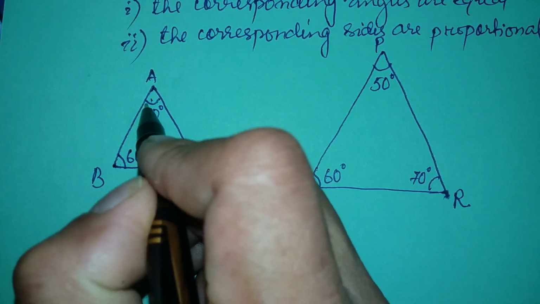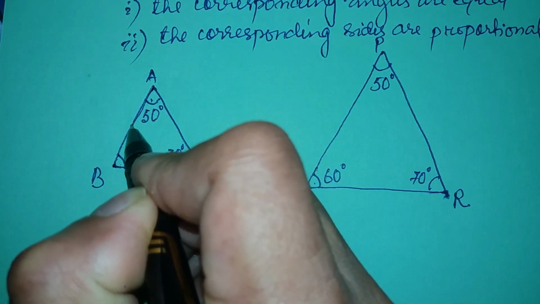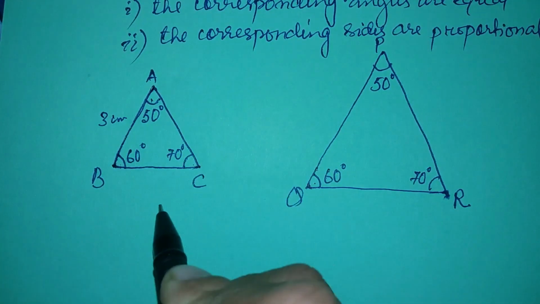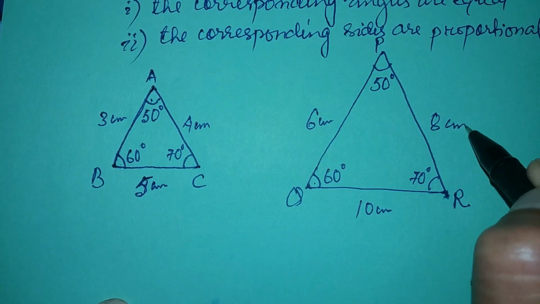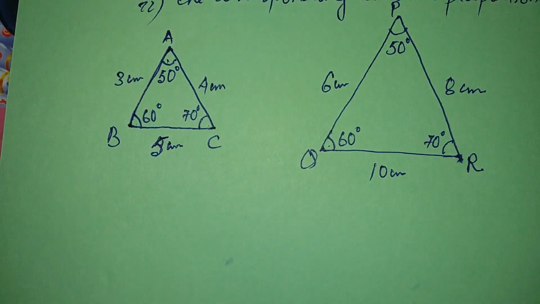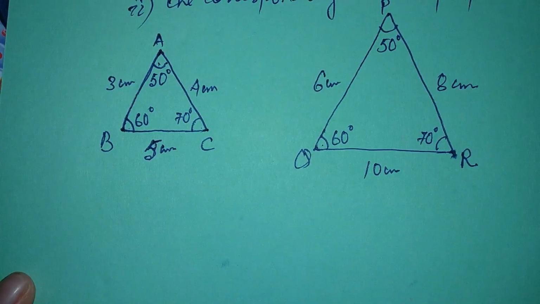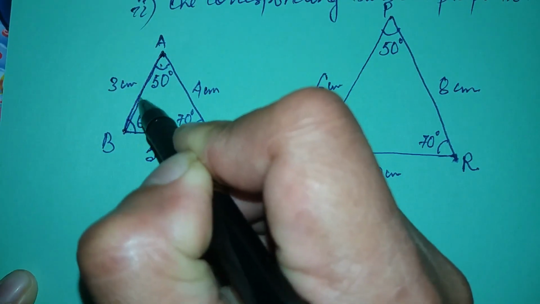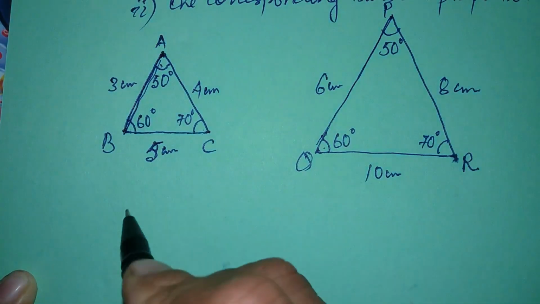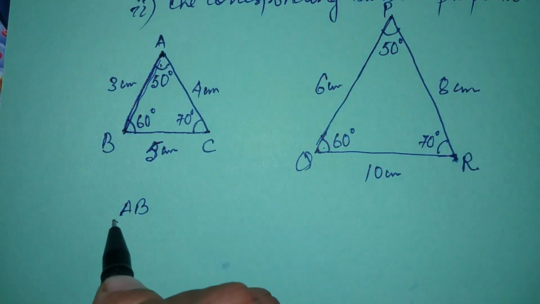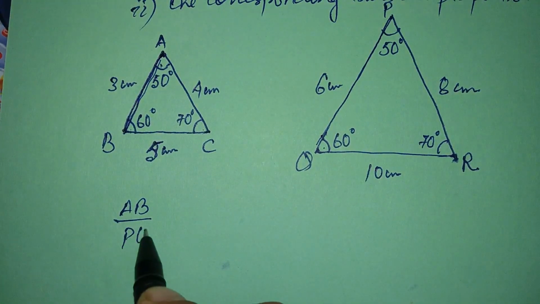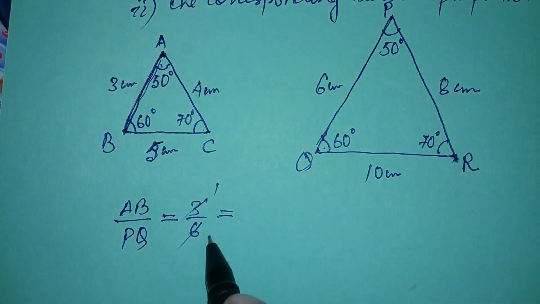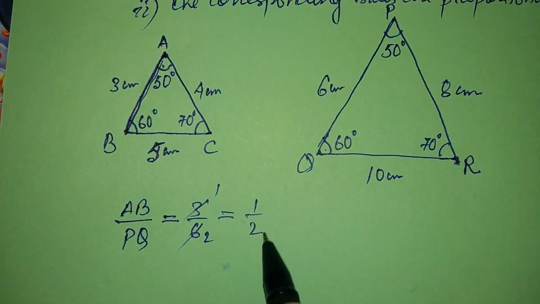Now again, let's say the side AB has length 3 cm, and PQ has 6 cm. Now let's try to find the ratio of the corresponding sides. The corresponding side of AB is PQ, so AB by PQ is 3 by 6, which is 1 by 2.